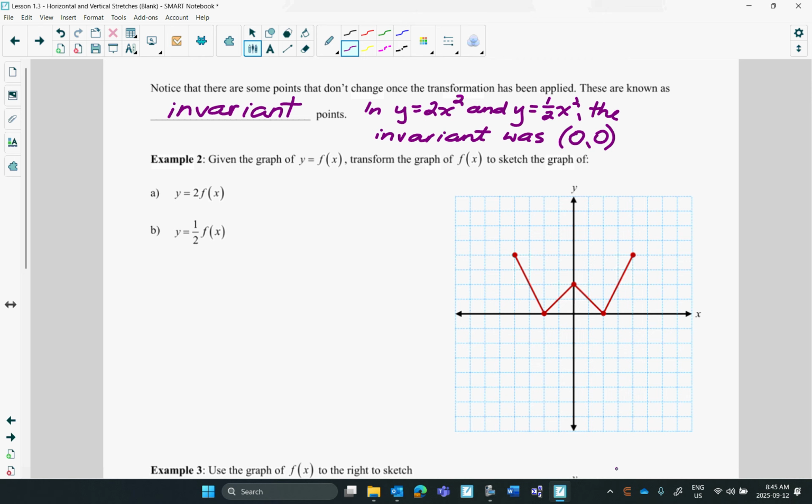Okay, so that's something familiar we've seen. I gave you a specific function, x squared. But remember, this can apply to any function. I don't know what the equation of this function is. I don't know what the equation of a w-shaped function is. I mean, I can figure it out, but it doesn't matter. All I'm asked to do is take this original one. So remember, this is f of x.